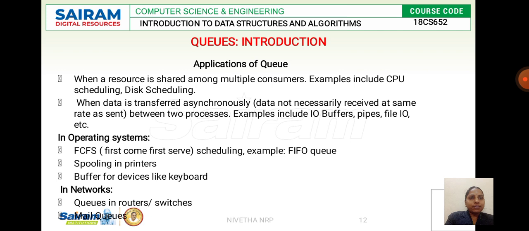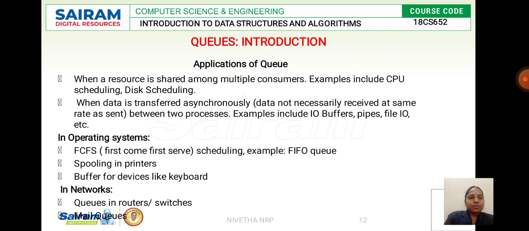And these are all the applications of a queue. In a computer, we will see a few applications of queue. Disk scheduling: whenever a disk has to be scheduled, it will be following the queue, that is the FIFO principle, first in, first out. And even data transfer. For example, when you use WhatsApp on your mobile, how are the data delivered?